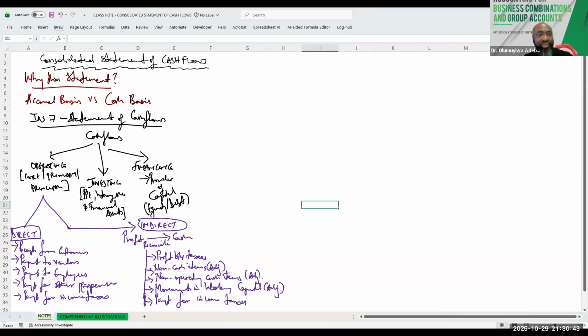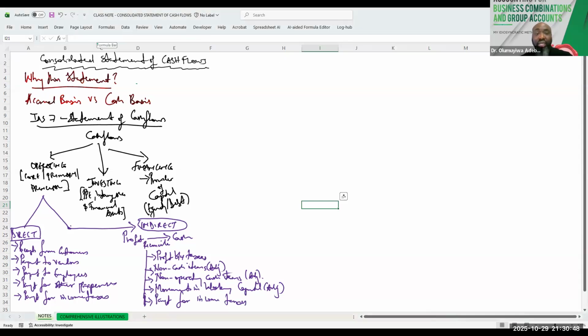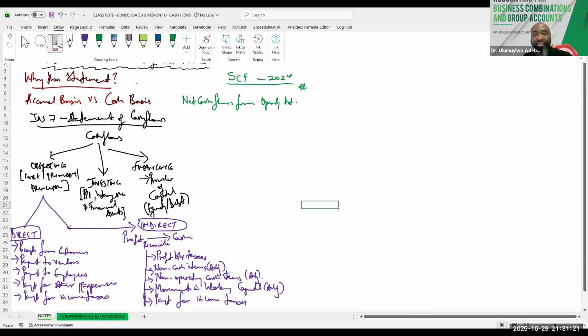And by and large, where we present our statement of cash flows, let me say for 2024, you have the first section, your net cash flow from operating activity, you identify it.